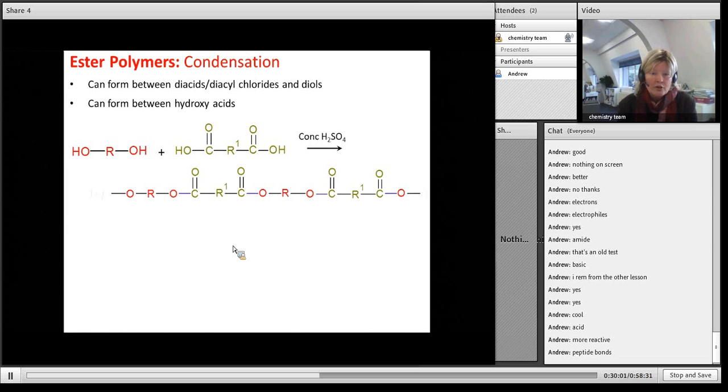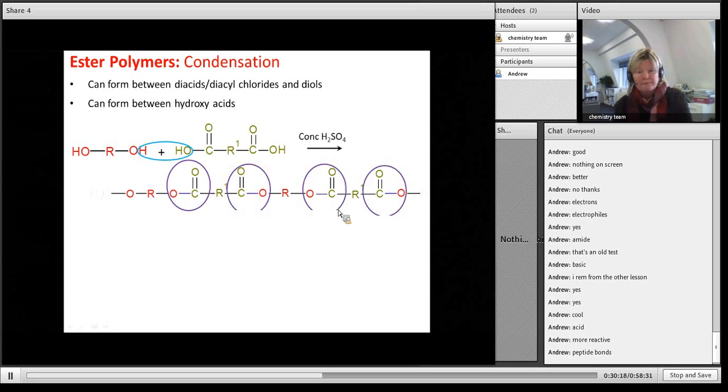Now have a look at the way this linking works. Can you see it's O, C double bond O, C double bond O, O. They are opposites. That's just to say we're removing water because of the conc sulfuric acid. And there are my ester links.